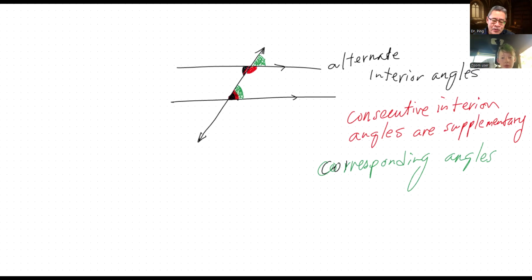What relationship do they have if those two lines are parallel? If the two lines are parallel, what relationship is the corresponding angles?